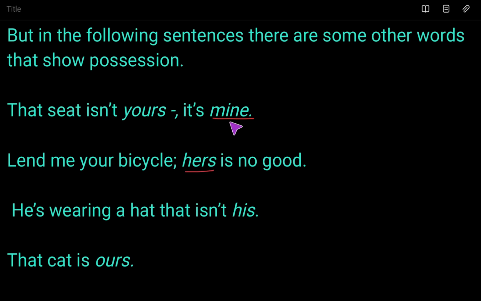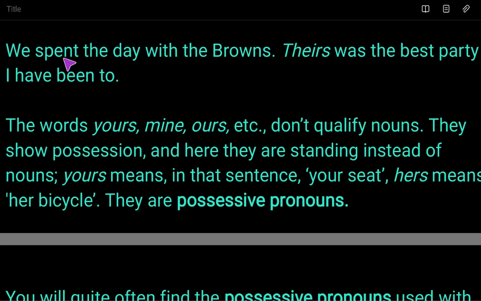Here mine means that seat. Hers means her bicycle. He is wearing a hat that isn't his. Here his means his hat. That cat is ours. Here ours means that cat. We spent the day with the Browns. Theirs was the best party I have seen.